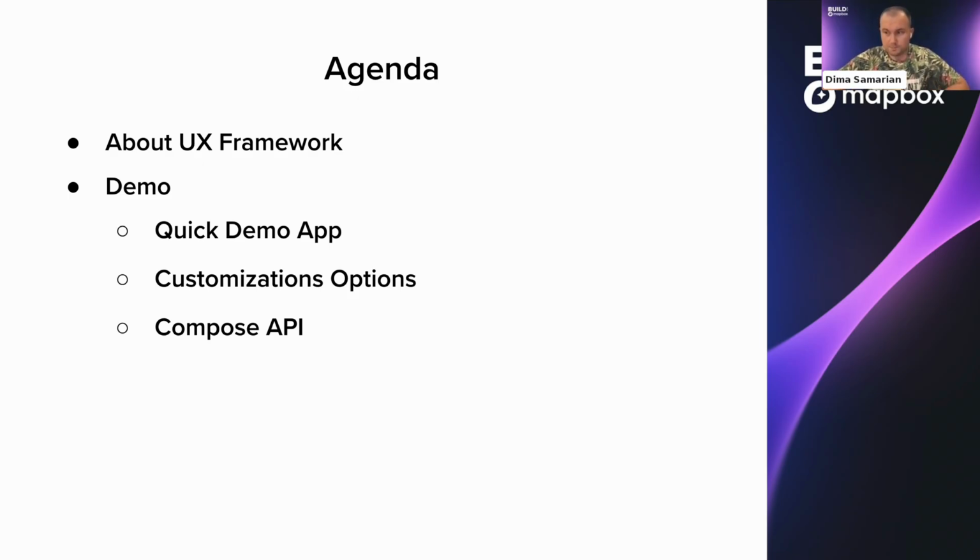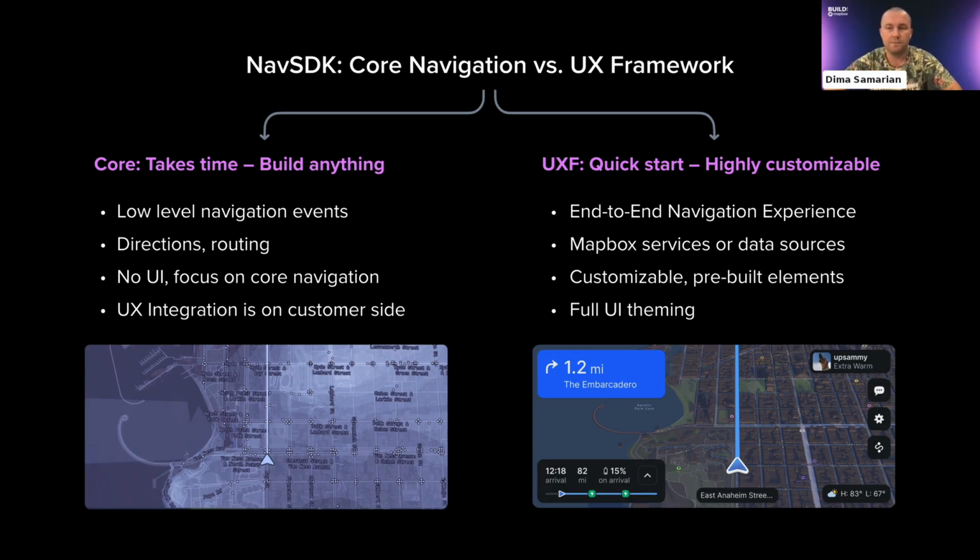So let's get started. Before diving in, I want to say a few words about another SDK we work with, Core SDK. Core SDK is built on top of Mapbox services, such as Directions API, Metrics API, etc. And it gives developers a lot of components to build a navigation app.